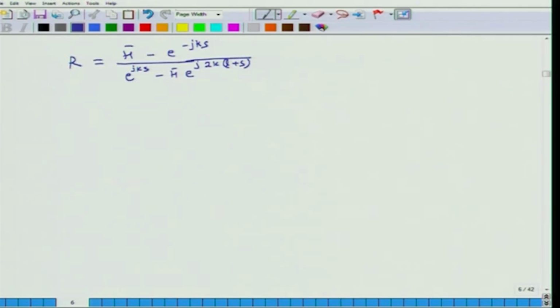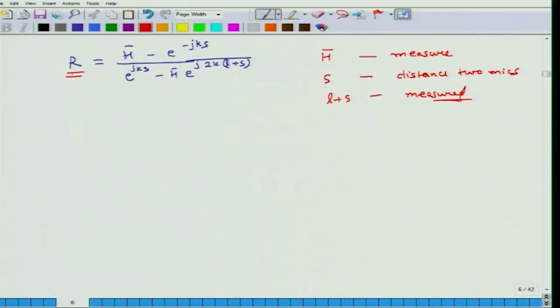So in this relation, h bar we can measure, S is the distance between two mics, and L plus S is also a property of the tube. So this can be measured. So if we are able to measure all these things, I can calculate R.